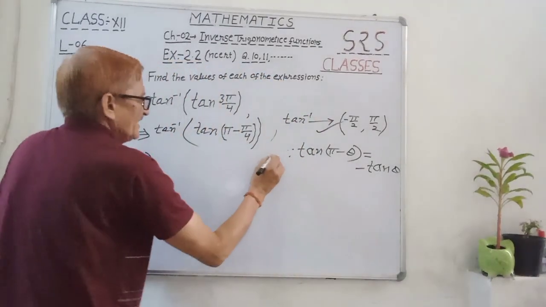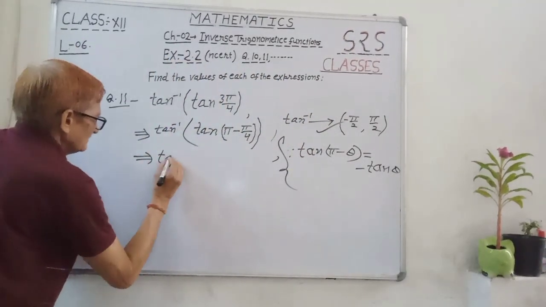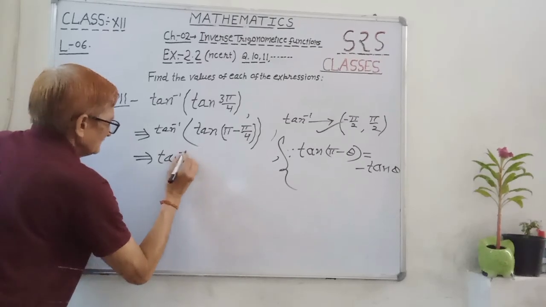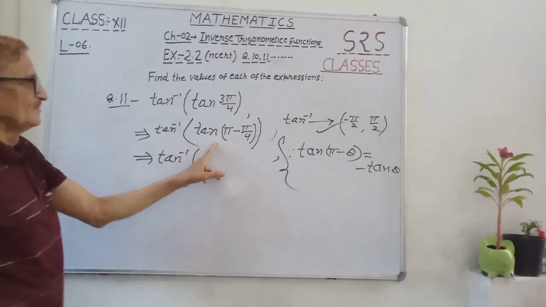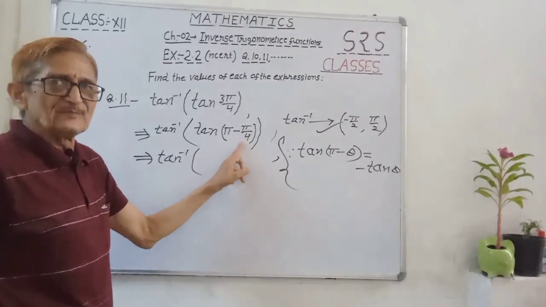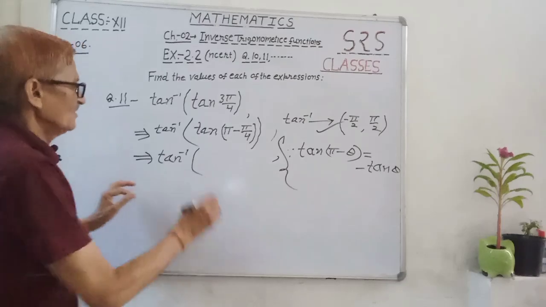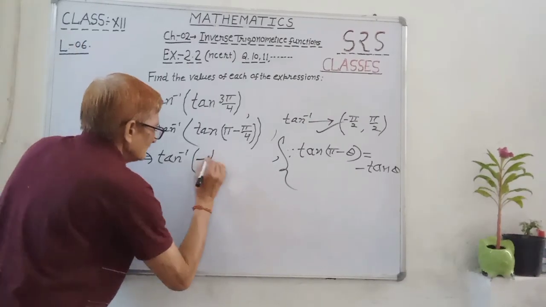Here theta is pi by 4, so tan of pi minus pi by 4 is equal to minus tan pi by 4.